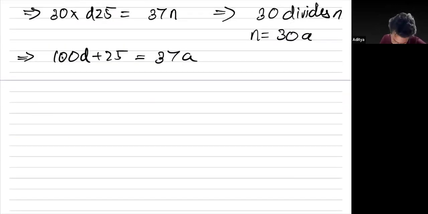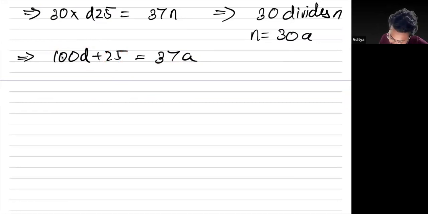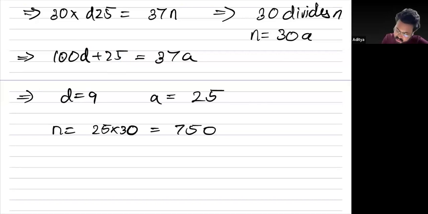Now here, what you can continue with is what value of d you should put such that this entire number becomes divisible by 37a. The answer for this, I'll give you straightforward without spending more time calculating. d will be equal to 9 and a is equal to 25 in that situation. And you get n equal to 25 times 37, which is 925. You can check for yourself. 925 is indeed 37 times 25.